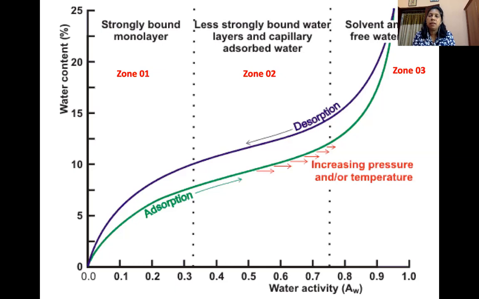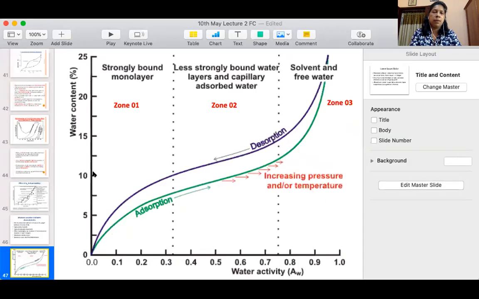At the 0.10 level, the 10th level, the desorption one I can see is 0.3 and something, and the other one is nearly 0.73.